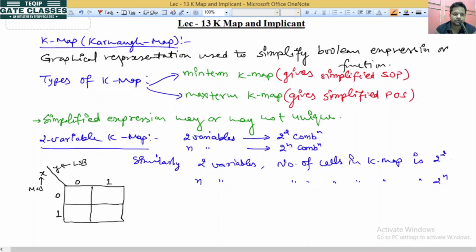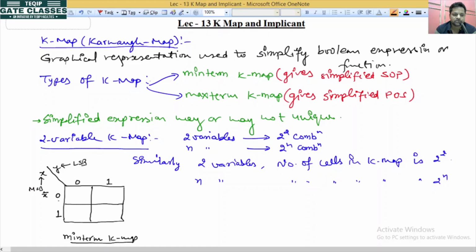I am talking about the minterm K-map here, because two types of K-maps are there. This 0 denotes x bar.